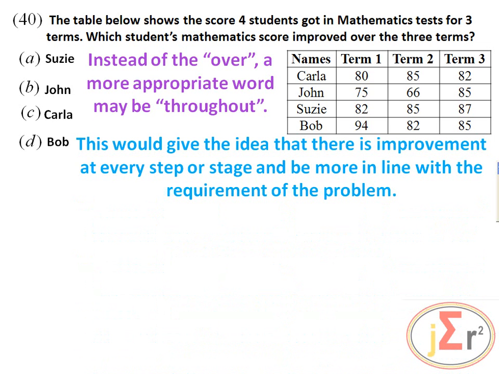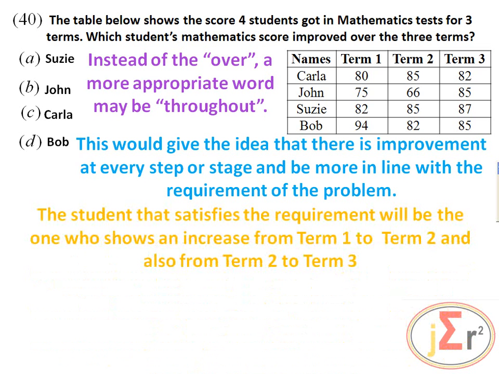So if we say throughout instead of over, then it might give the impression that we are talking about which one shows improvement at every step of the way. The student that satisfies the requirement will be the one who shows an increase from term 1 to term 2 and also from term 2 to term 3.